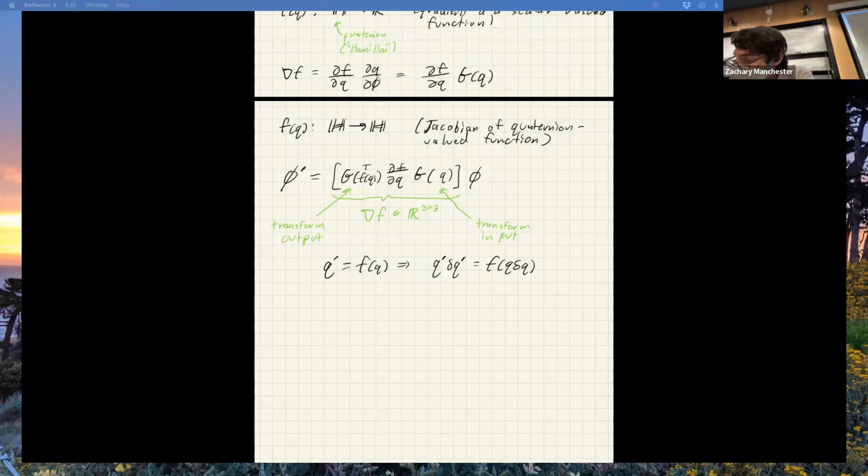So what I'm doing is assuming a small delta Q and doing my axis angle trick. That looks like Q prime times this axis angle thing, where this is the phi prime, and then the same thing on this side.